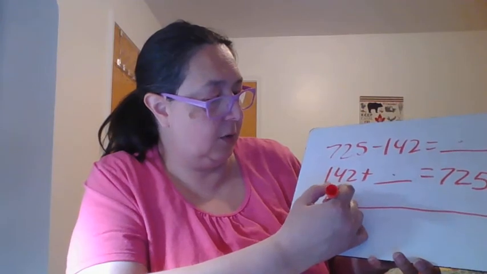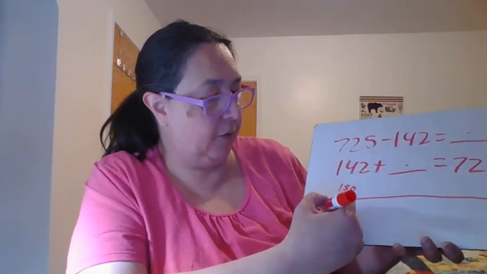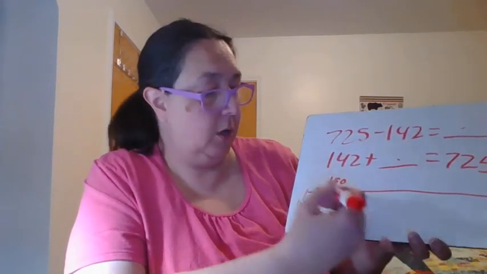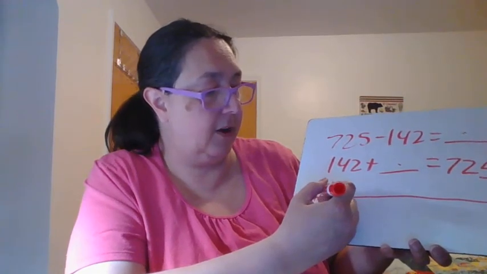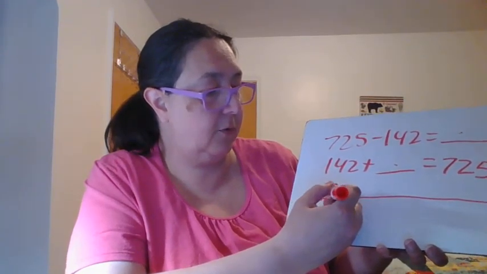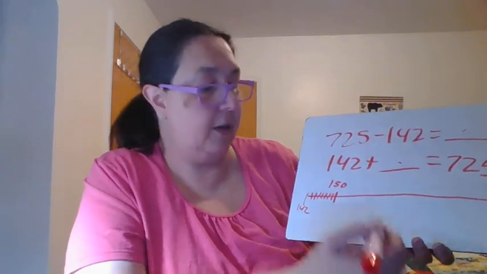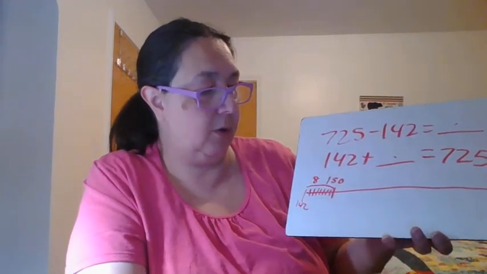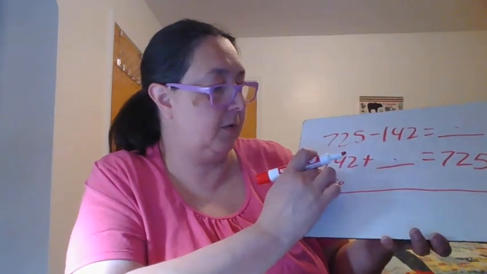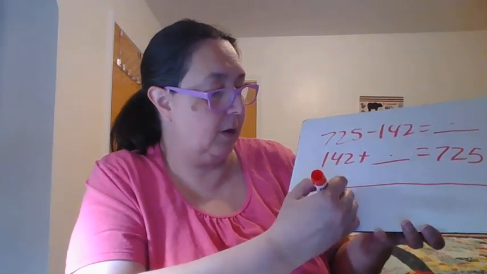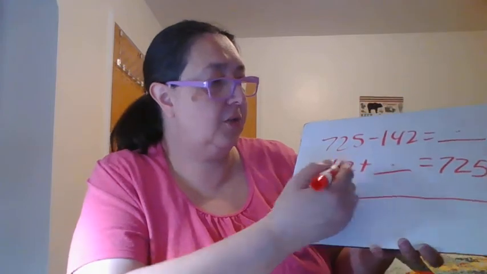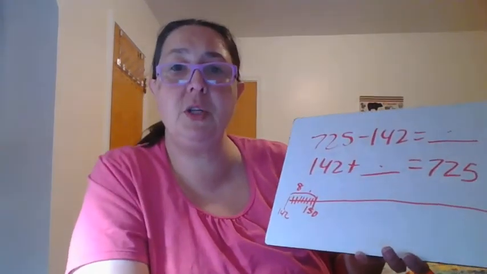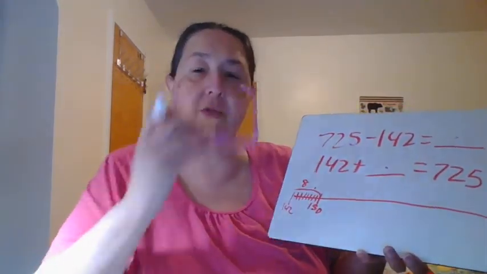So if I'm counting at 142, 143, 144, 145, 146, 147, 148, 149, 150. There are 8 numbers between 142 and 150. I'm going to write this actually on the bottom. Okay, there's no 150 on here. It's just showing you how to count up from those numbers.